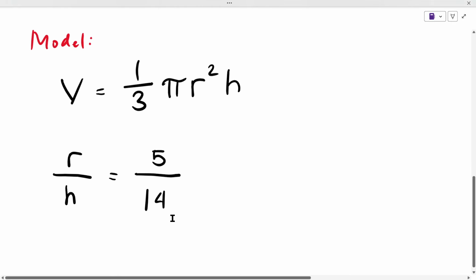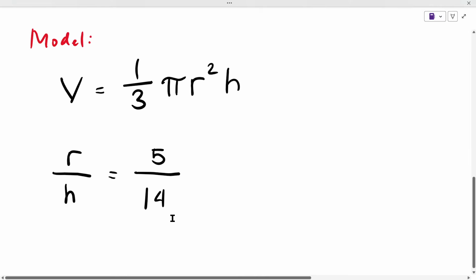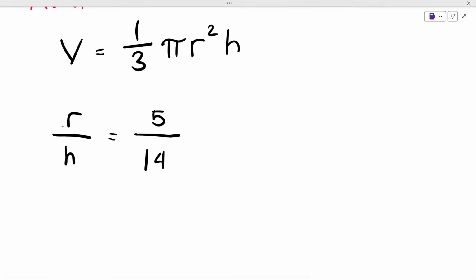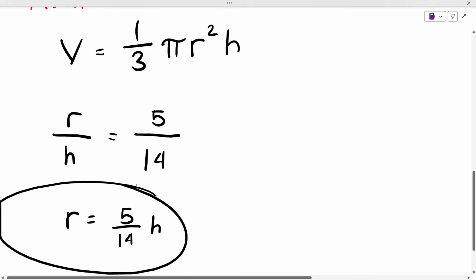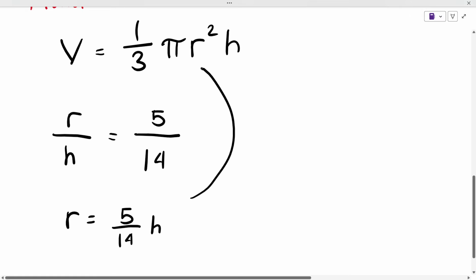So this will be our second equation, and let's derive r, rather, the radius. So we have r equals 5 over 14 h. Okay. So now let's use this derived equation in our main equation. Replace this r.